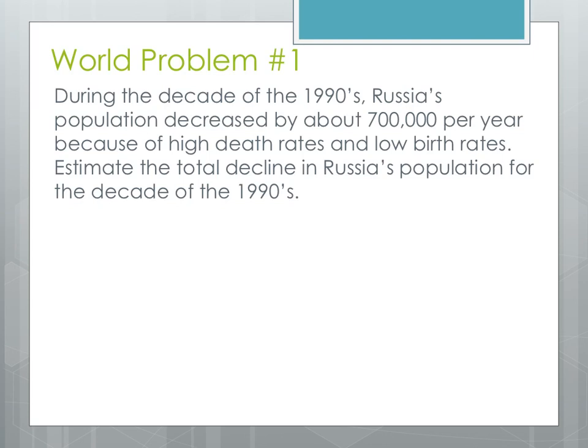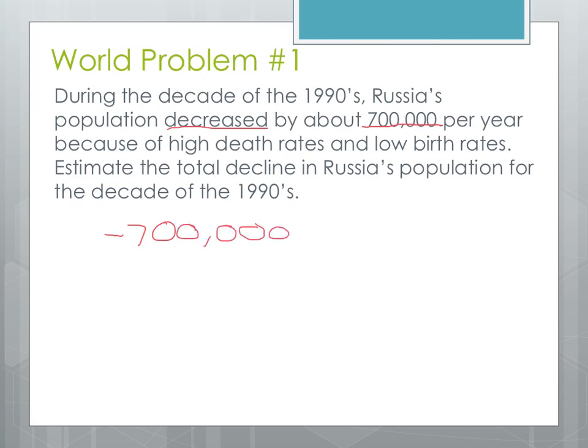So let's first pick out the important words in this problem. The important numbers: we have 700,000, and that was a decrease, right? It decreased by 700,000 per year, okay? So we're going to represent that as a negative number, negative 700,000.